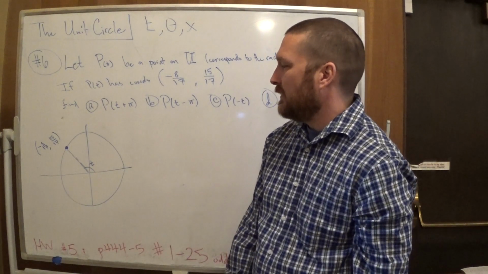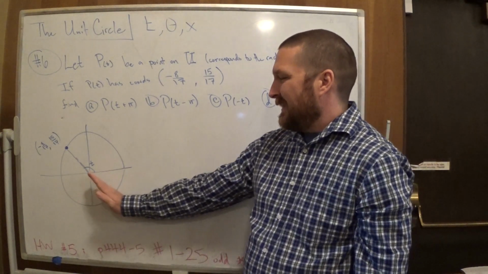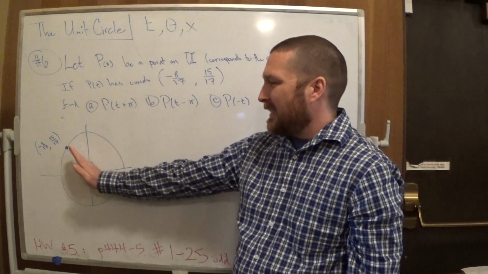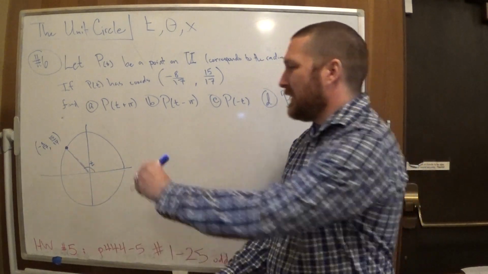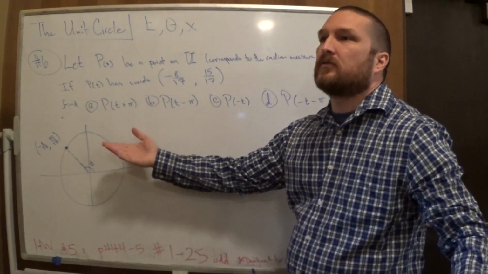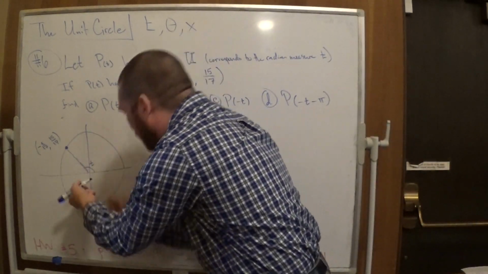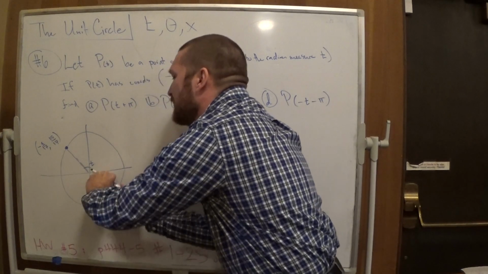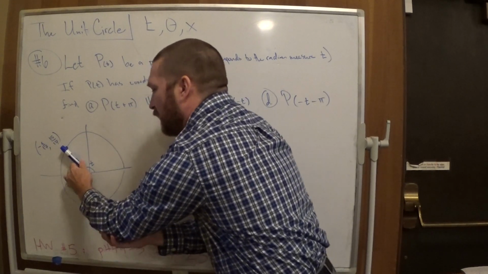Where would you end up? You end up just halfway across from where we are now. Like, here's t, and maybe t was actually a couple hundred thousand, and so you had to wrap around however many times until t finally terminated right there.